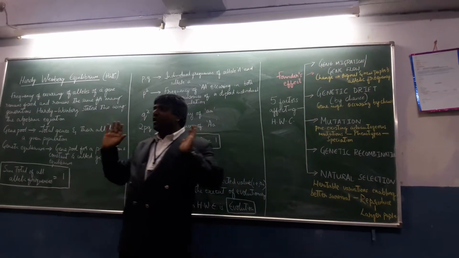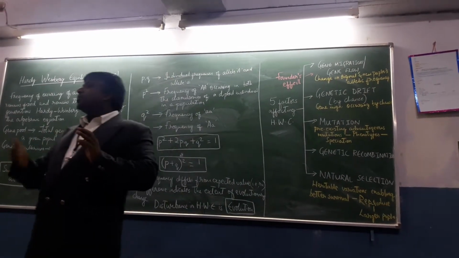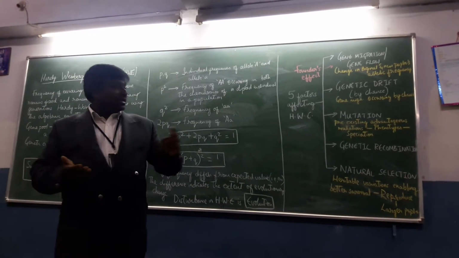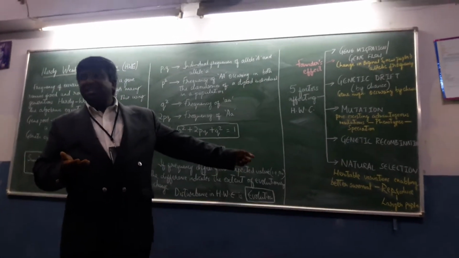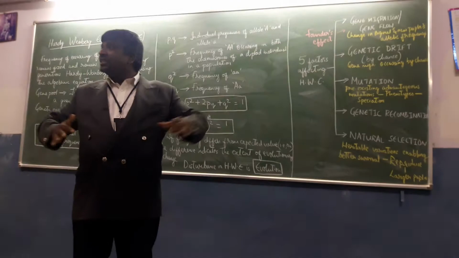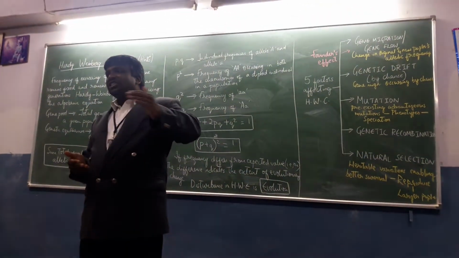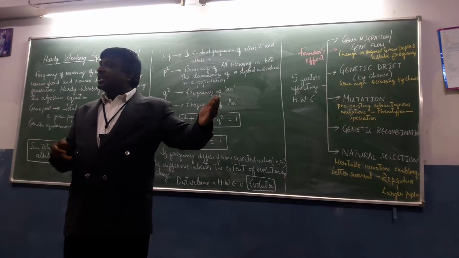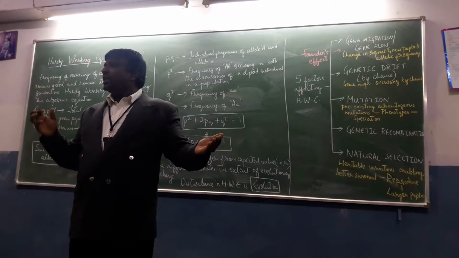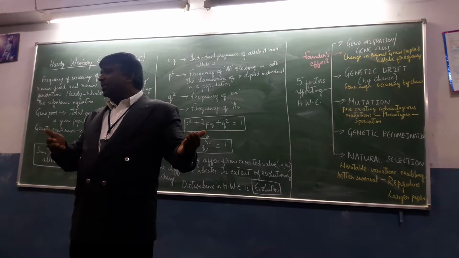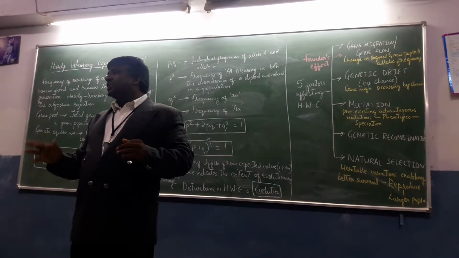And you found at that point of time more dark colored moths. So they had better survival, they underwent reproduction, and the population of dark colored moths was more. But prior to the Industrial Revolution, the light colored moths were more in number because lichens were there and they could camouflage themselves.